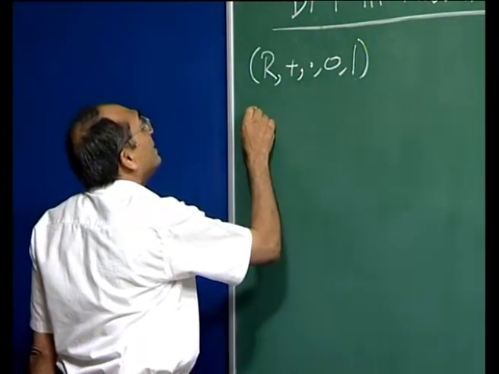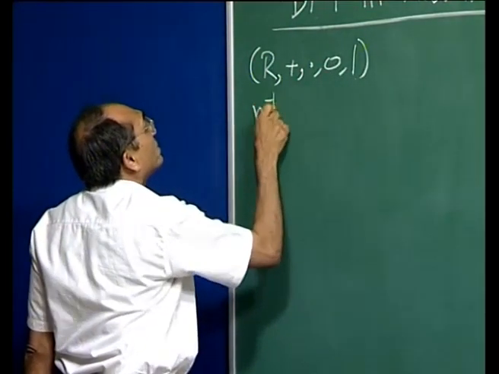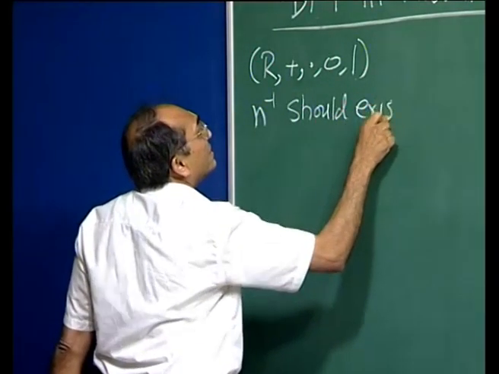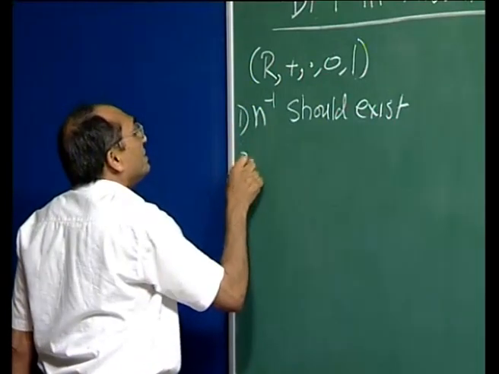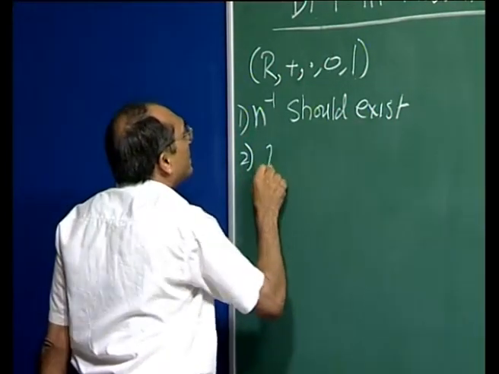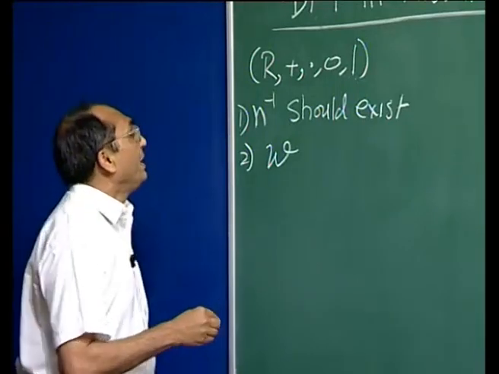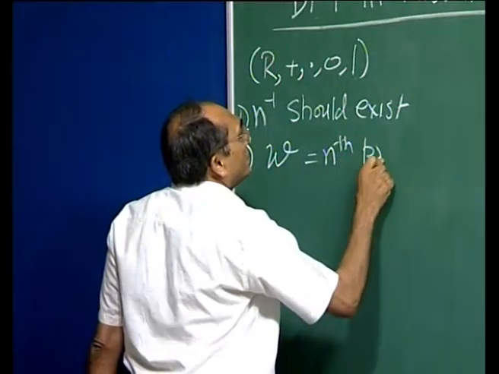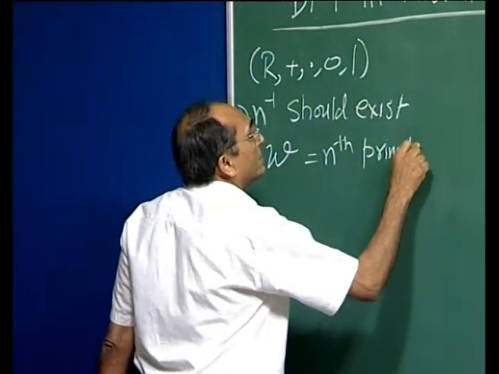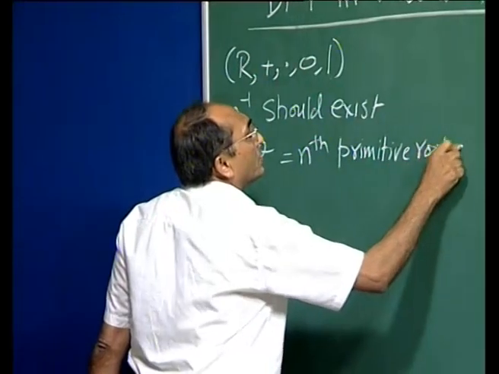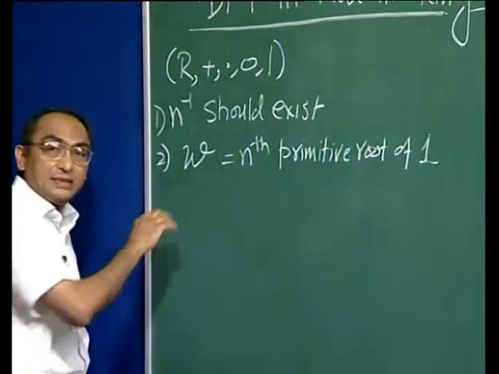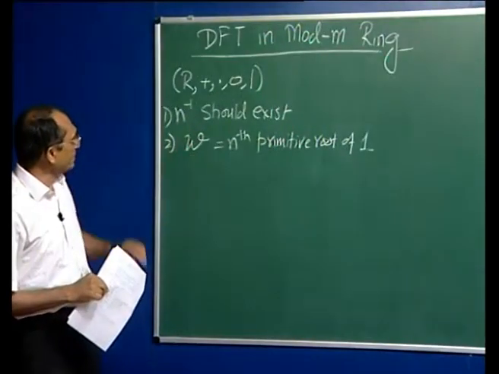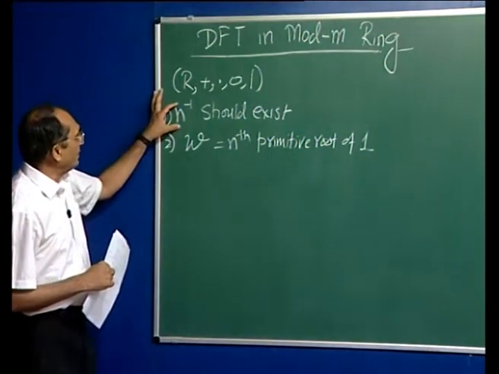In addition to that, n inverse should exist, and two, there should be a W which is the nth primitive root of unity, nth root of 1. This should also exist for us to be able to compute a discrete Fourier transform of n component vectors.